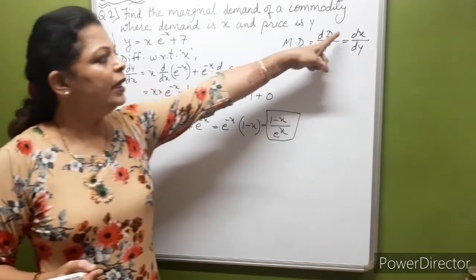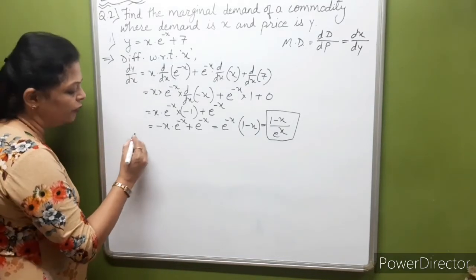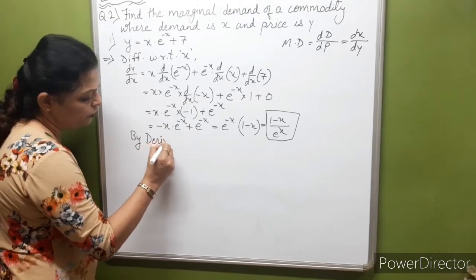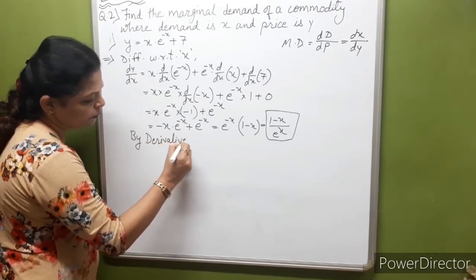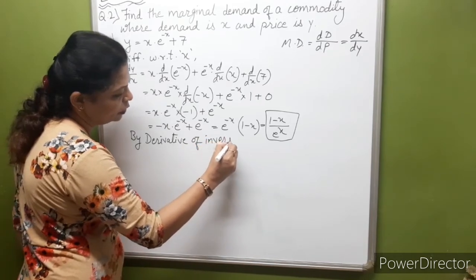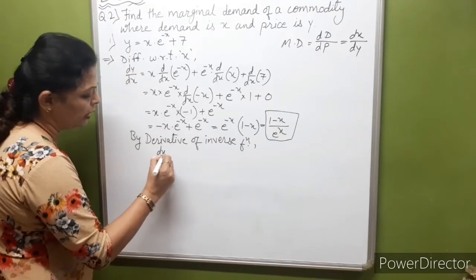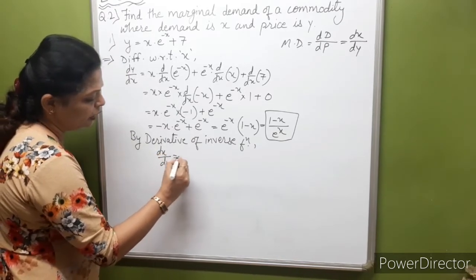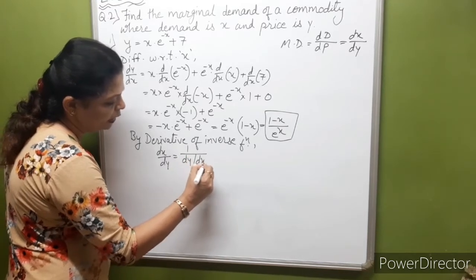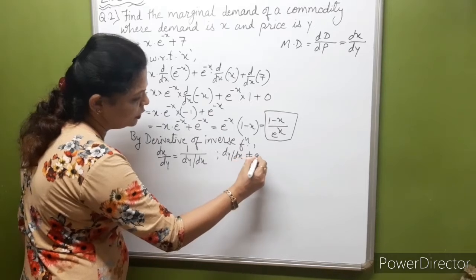But we have to find dx by dy. So by using derivative of inverse function, dx by dy is equal to 1 upon dy by dx, where dy by dx is not equal to 0.